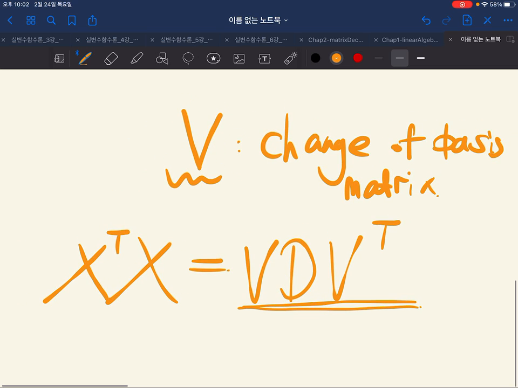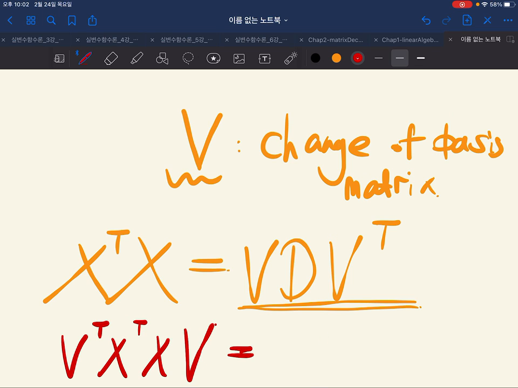So let's think this way. It's just for a simple understanding, so it may be informal. If we multiply V transpose on the left and V on the right, it becomes like this.